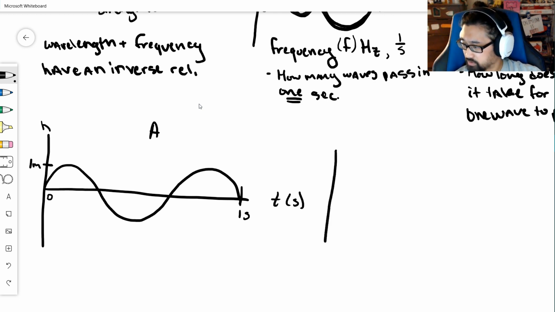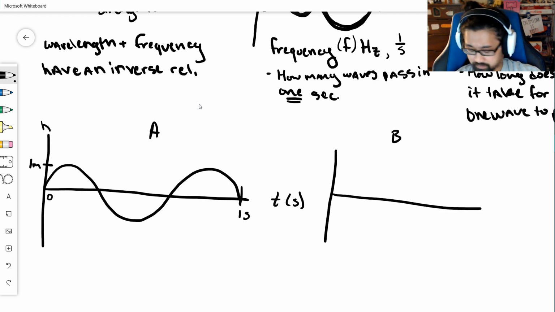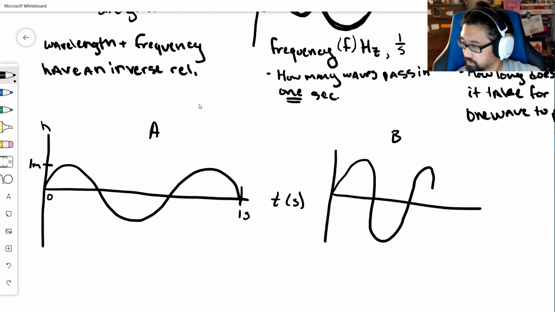And let's also make wave B again. It's going to be good enough. And this is also 1 second. This is time in seconds. And now this is 1 meter, and this is 2 meters. Let's do that.